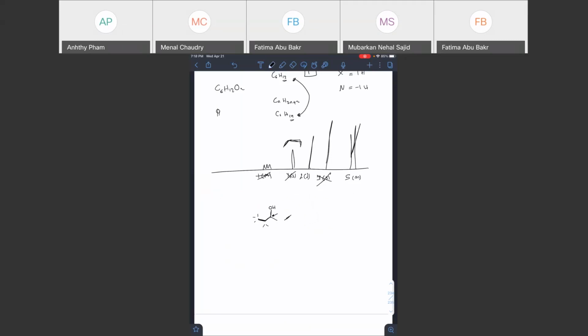We have 1, 2, 3, 4, and 5. So if we just attach one more and make it like this, that would give us the total number of carbons. And we have to make this a 2 doublet, so it can't have anything to the right of it since it already has 1 to the left. So in that position, I'm just going to put my carbonyl.